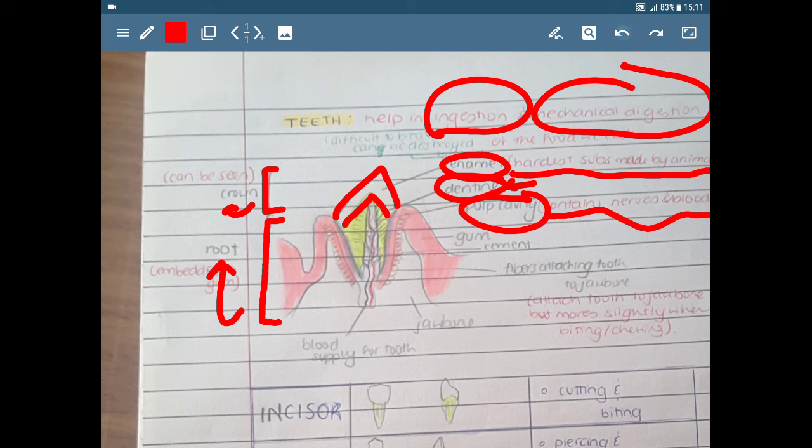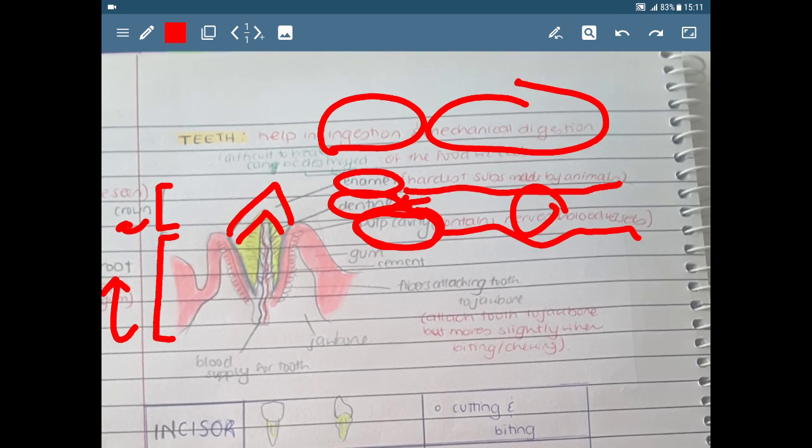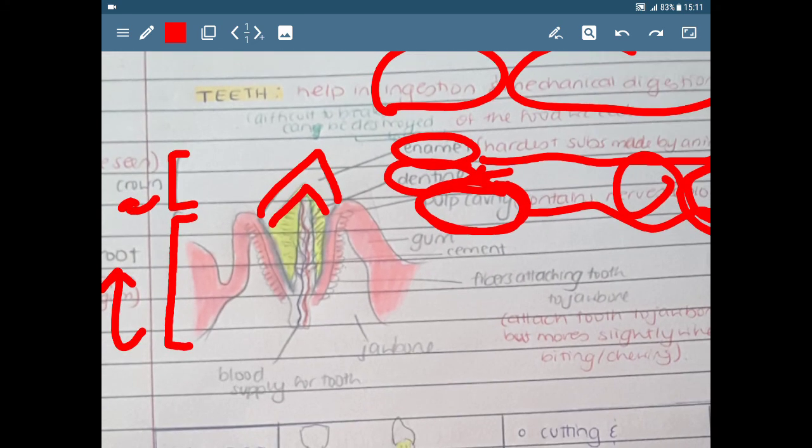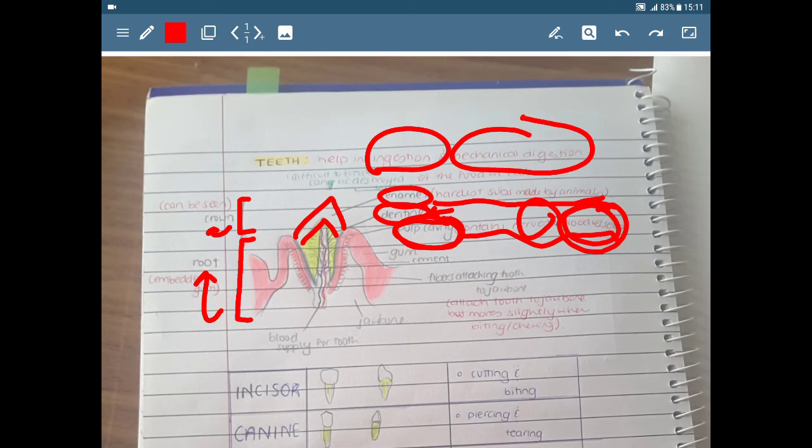Inside the dentine, or inside the tooth, we have a cavity known as the pulp cavity. This cavity contains nerves and blood vessels. Nerves send and receive stimuli, and blood vessels like capillaries, arteries and veins supply blood.